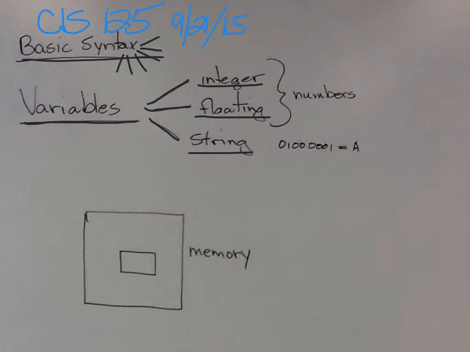And then I used ASCII code, showing that this represents the capital letter A. The term string might be a little confusing, but we're talking about a string of characters. For example, we might store my name, okay, that would be stored as a string.